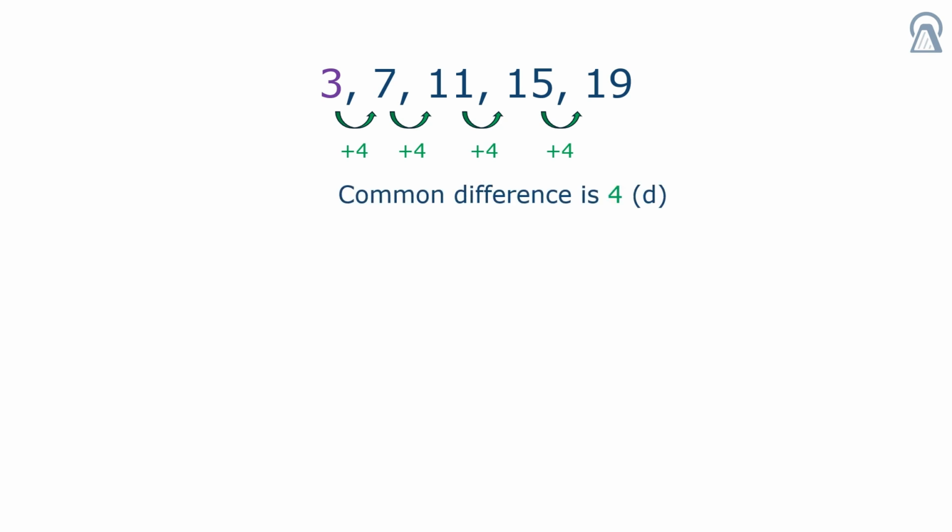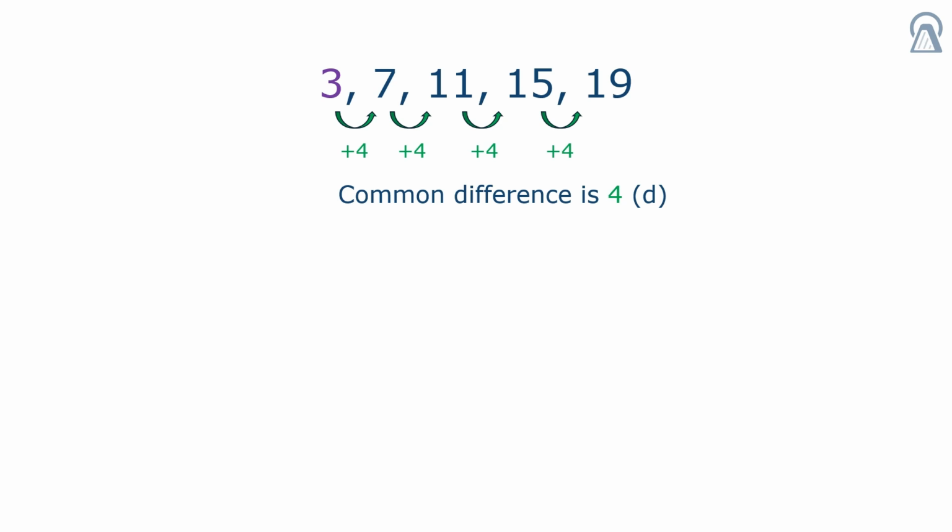So if we want to find the nth term of this arithmetic sequence, we want to derive a formula. So we can use a formula with some key points in our sequence to make this nth term rule, okay?